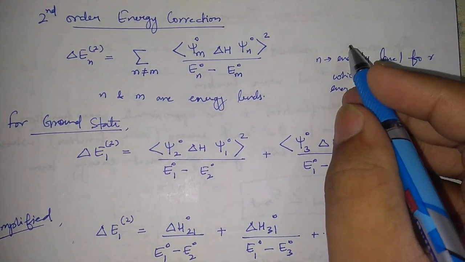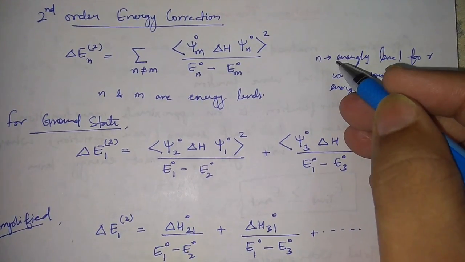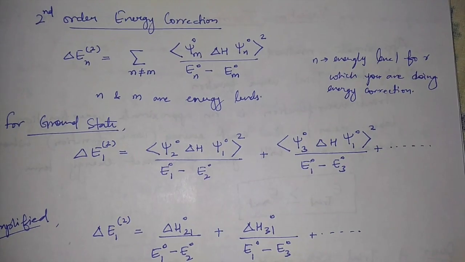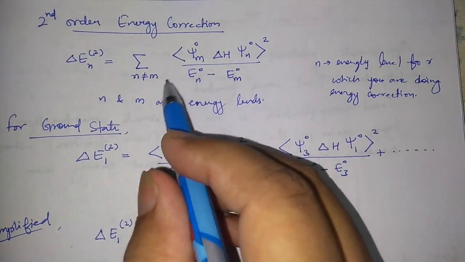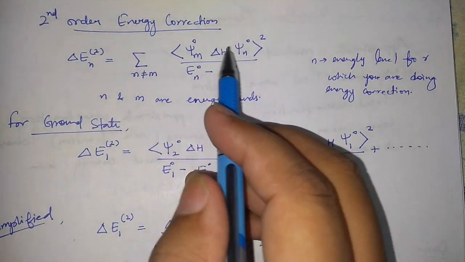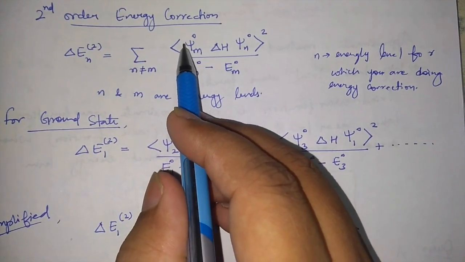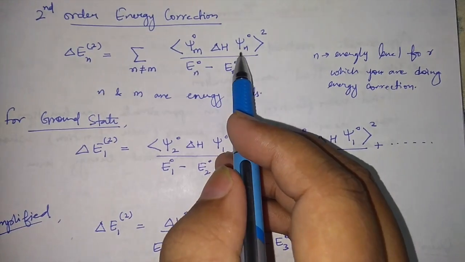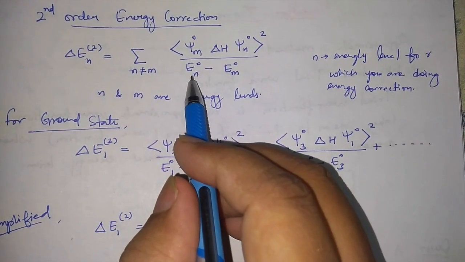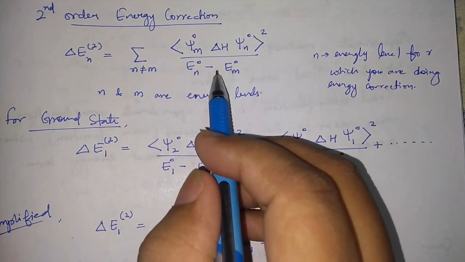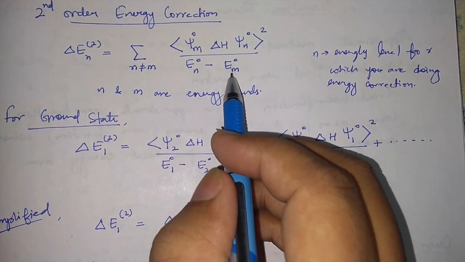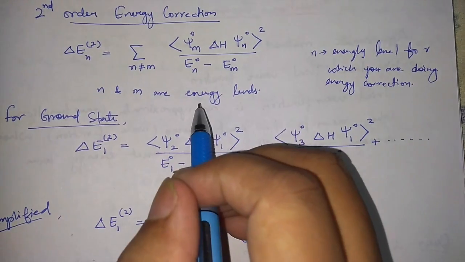So m is the other energy levels from where the transitions can happen. Just remember that n and m are different, and you have to be very careful with the position of m and n. Always remember that in the numerator you have psi m, delta h and then psi n, but in the denominator you have En first and then Em afterwards. So m is written later in the denominator over here.